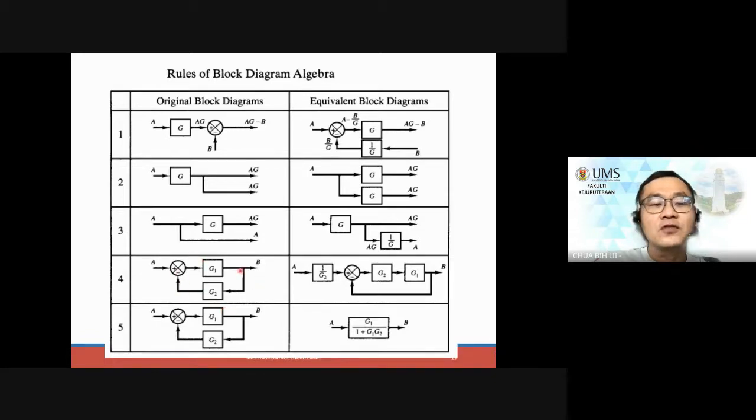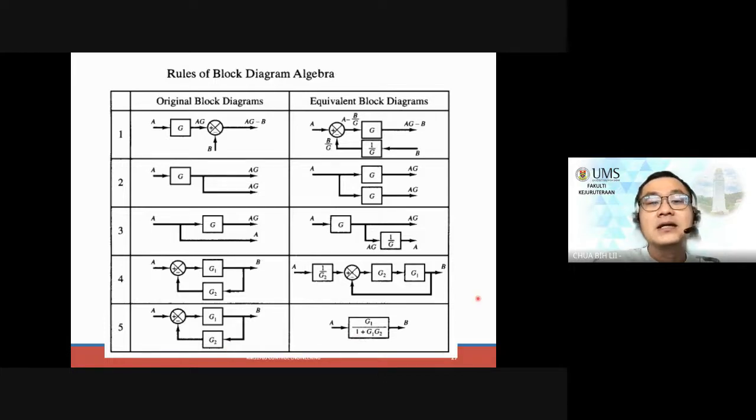So we can group them into a simpler equivalent block diagram. You can see that this one we can simplify as G over 1 plus G H, since this is a minus kind of feedback.